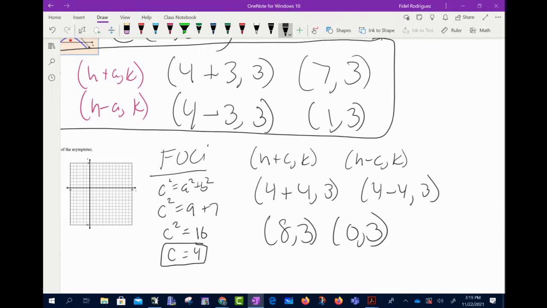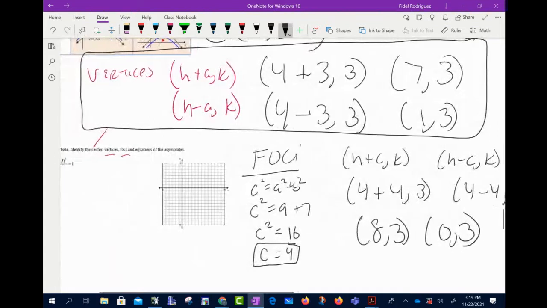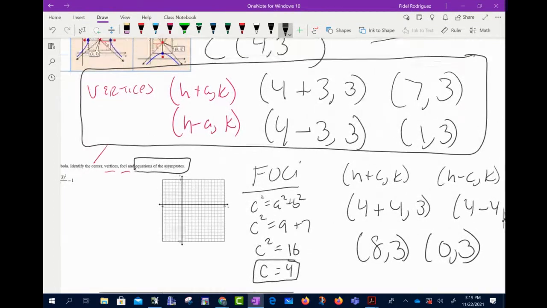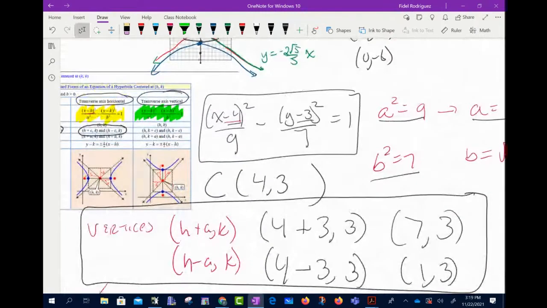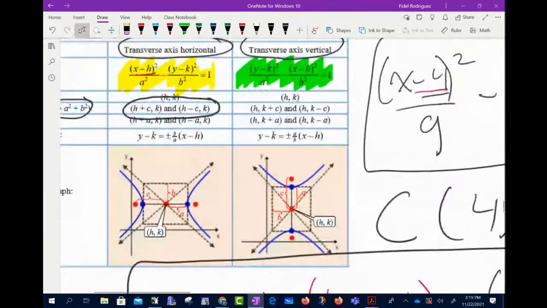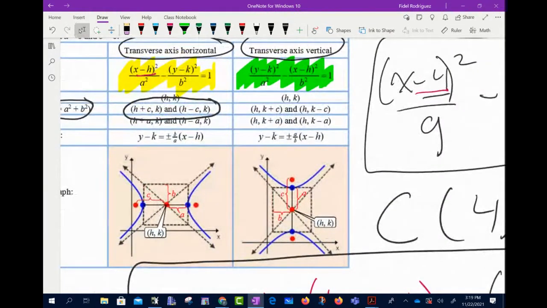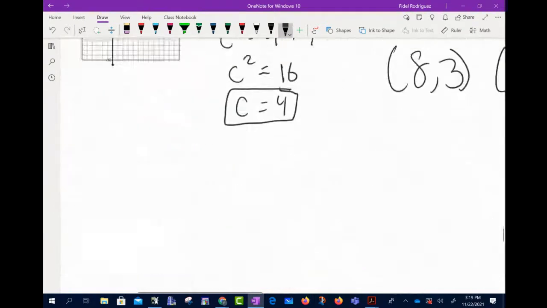All right. The next thing we're going to do, y'all, is find the equations of the asymptotes. I'm going to zoom in so we can find the equations of the asymptotes. I want you to look at the equation right here. I'm going to copy it down first so we can use it. It's y minus k equals plus or minus b over a times x minus h.